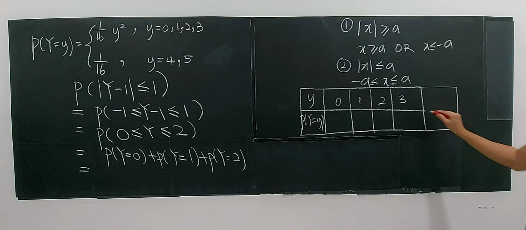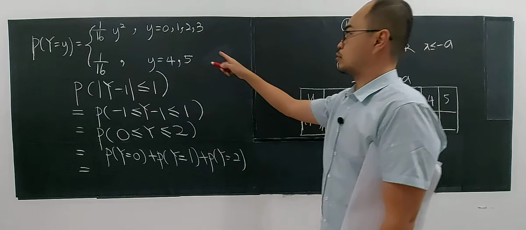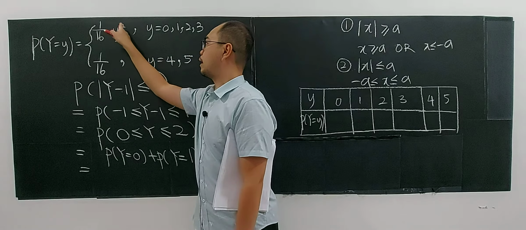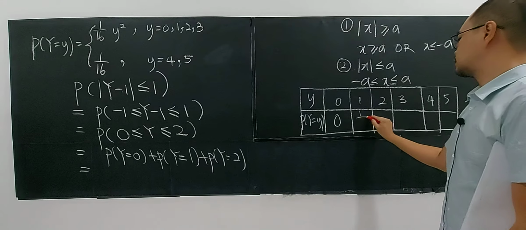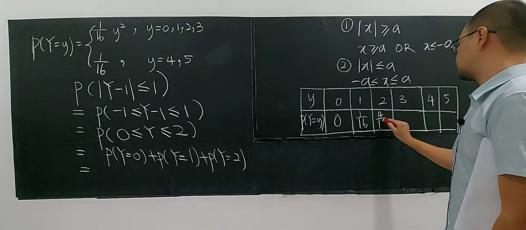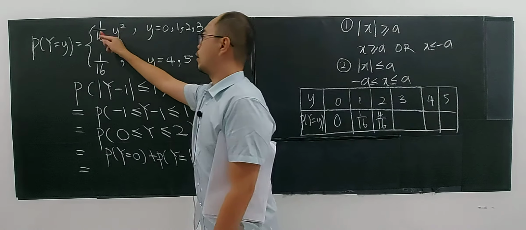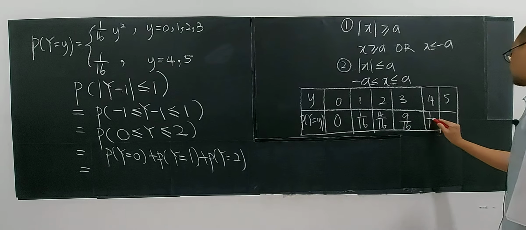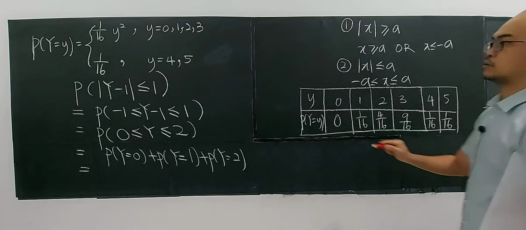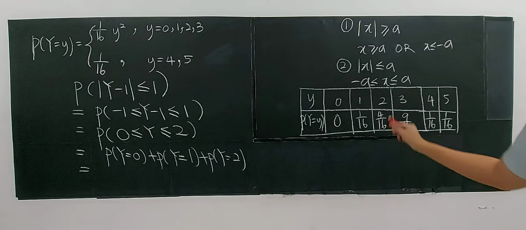Now I'm going to put in all the values. When y is 0, 0 power of 2 is 0. For y is 1, you have 1 over 16. And this is 4 over 16. When y is 3, 9 over 16. And 1 over 16 and 1 over 16 for 4 and 5. If you total up everything here, you are getting 1.